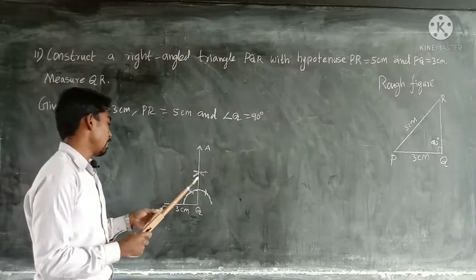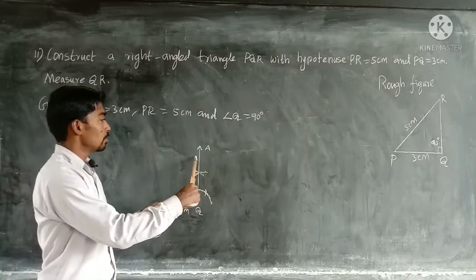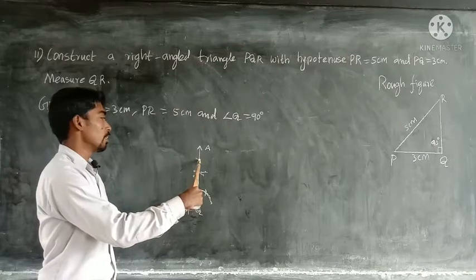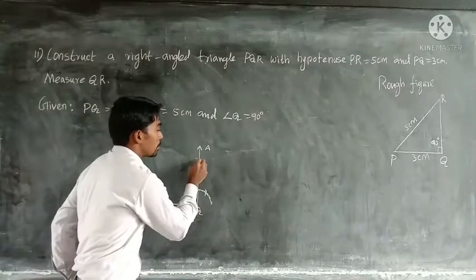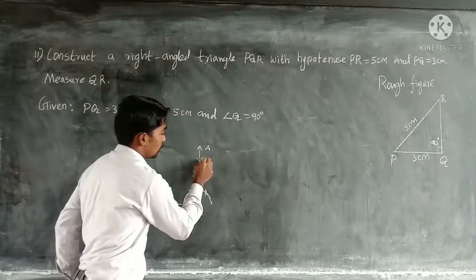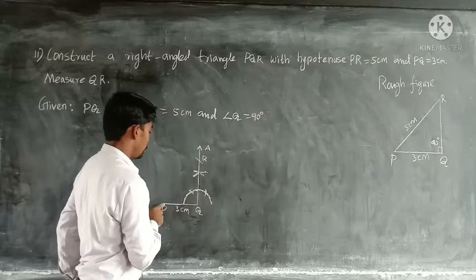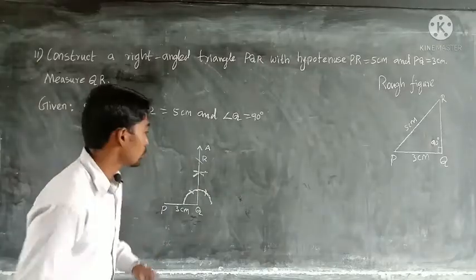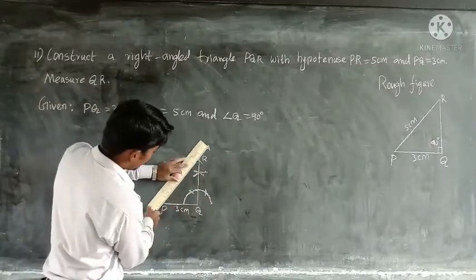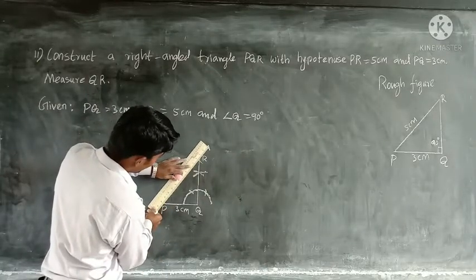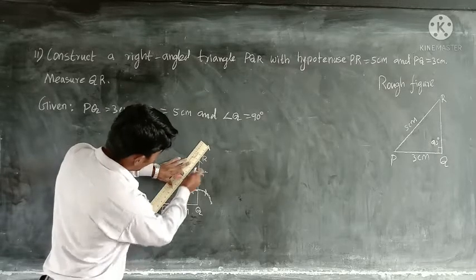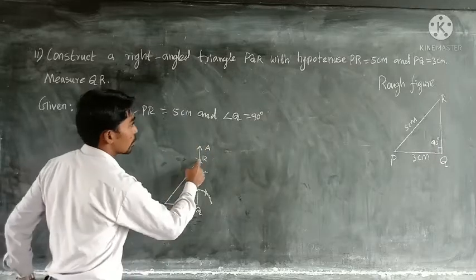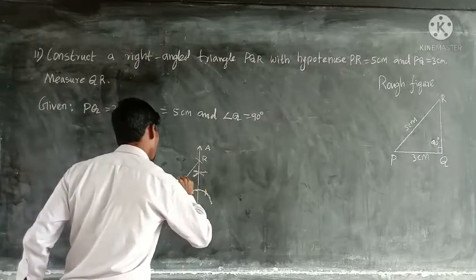And keep P as a center and make an arc on ray A. Name this point as R, and now join PR. With the ruler we can join. PR is 5 centimeter.